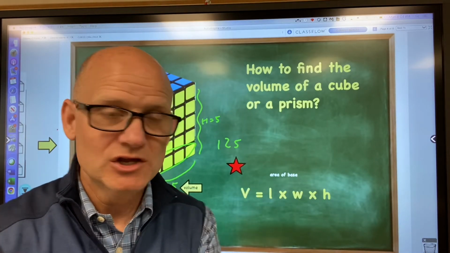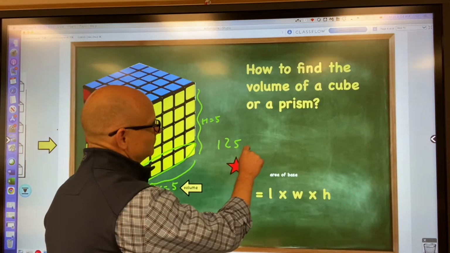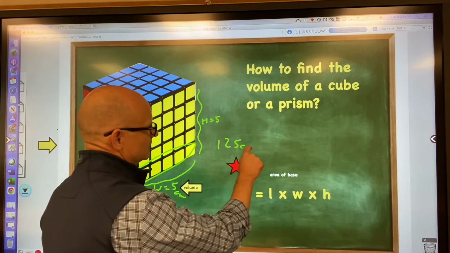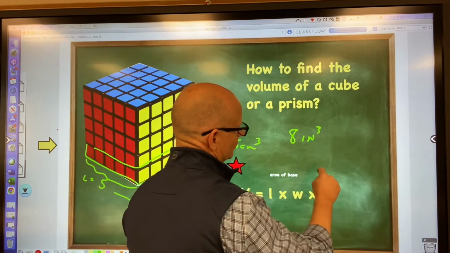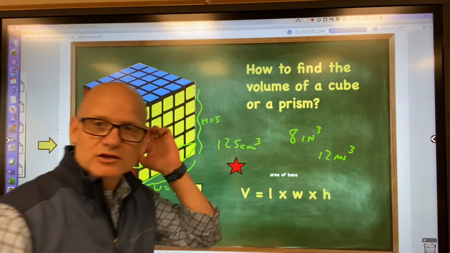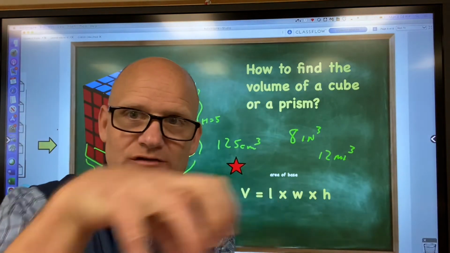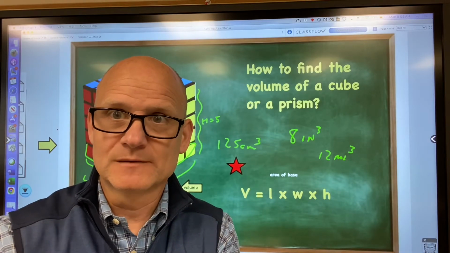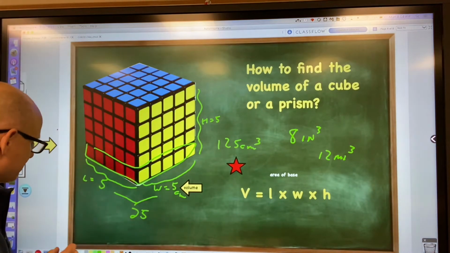So when you hear answers like 125, they might say centimeters cubed, or 8 inches cubed, or 12 miles cubed. You're using an actual cube and you're putting cubes into that shape to find out its volume. Because a cube takes up a certain defined space, okay?